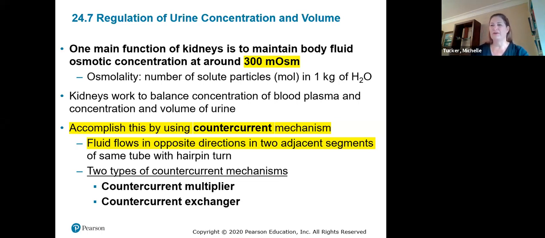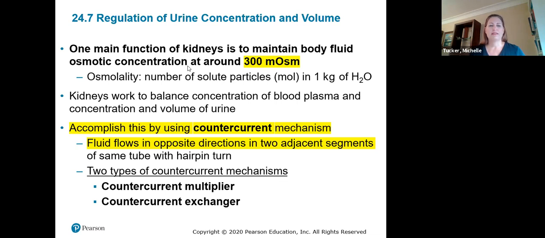Assuming water is at 4 degrees, which it isn't in our body, but close enough, these terms are going to be used interchangeably, as I'm talking and in your book and in diagrams. So for our purposes, there's no difference between osmolality and osmolarity. It's the number of solute particles dissolved in our solution, which is plasma.